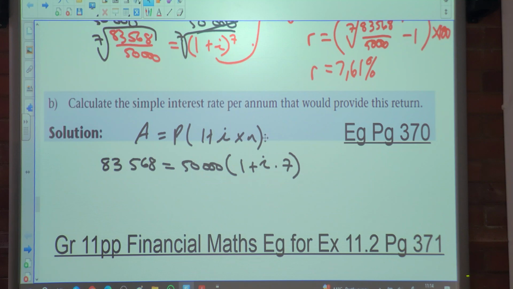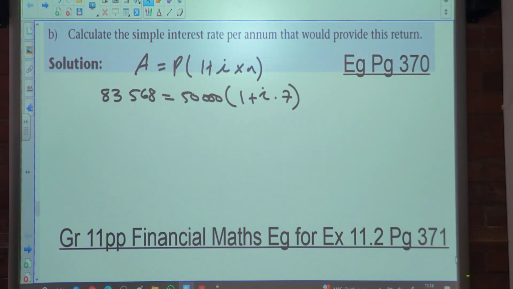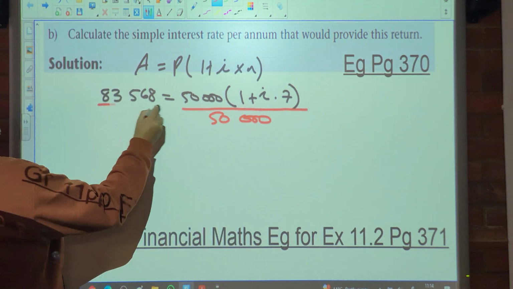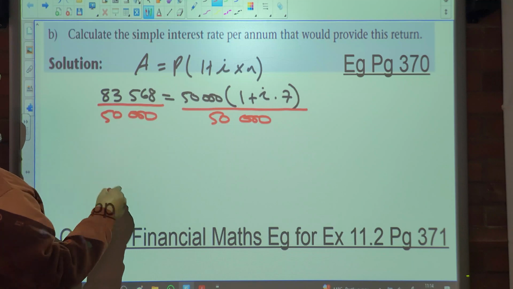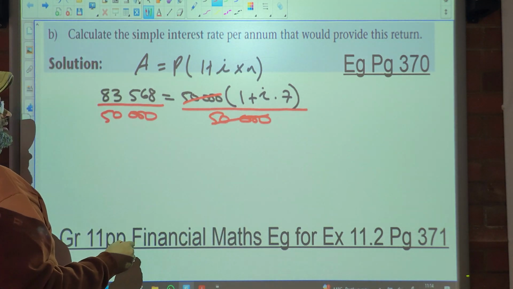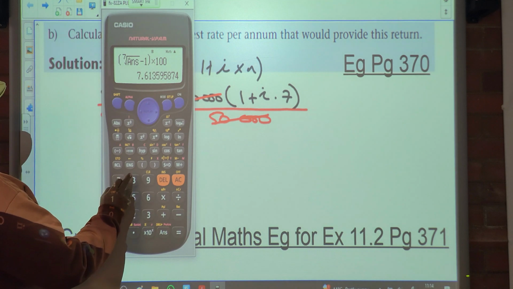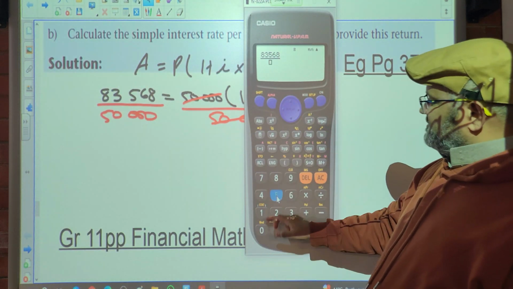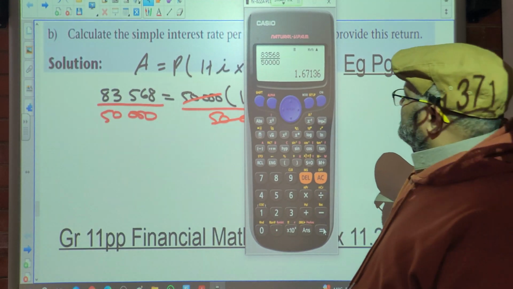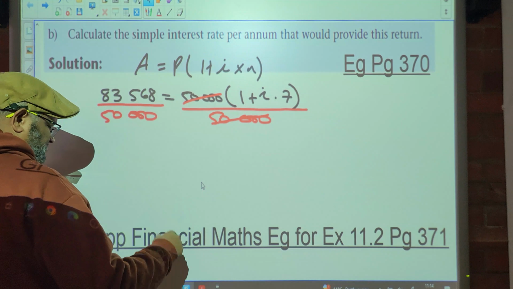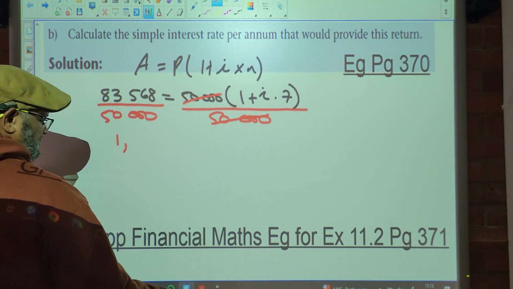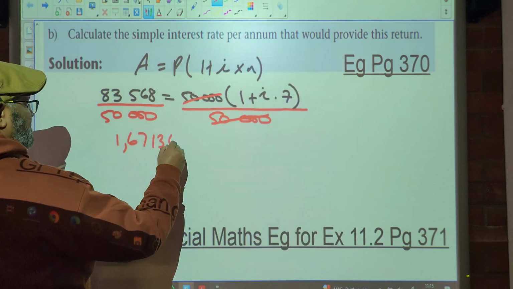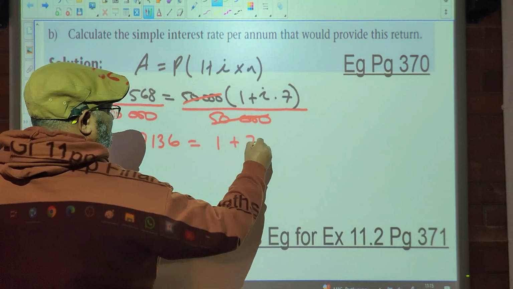So what do I do in order to calculate I? Divide by 50,000 both sides. So what happens? That cancels. Now we say 83,568 rand over 50,000 gives us 1,671386 equals 1 plus 7I.